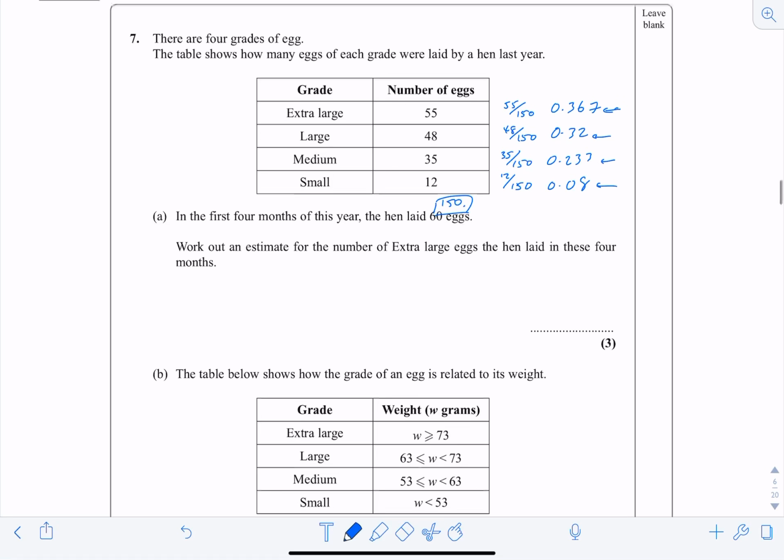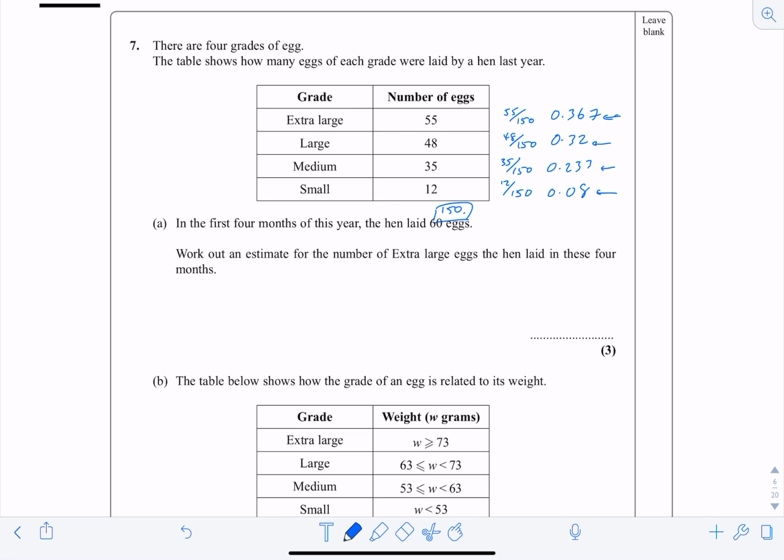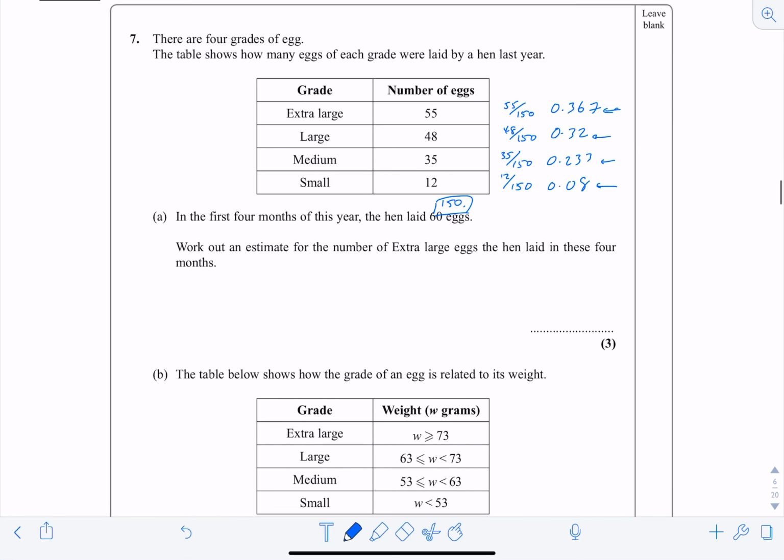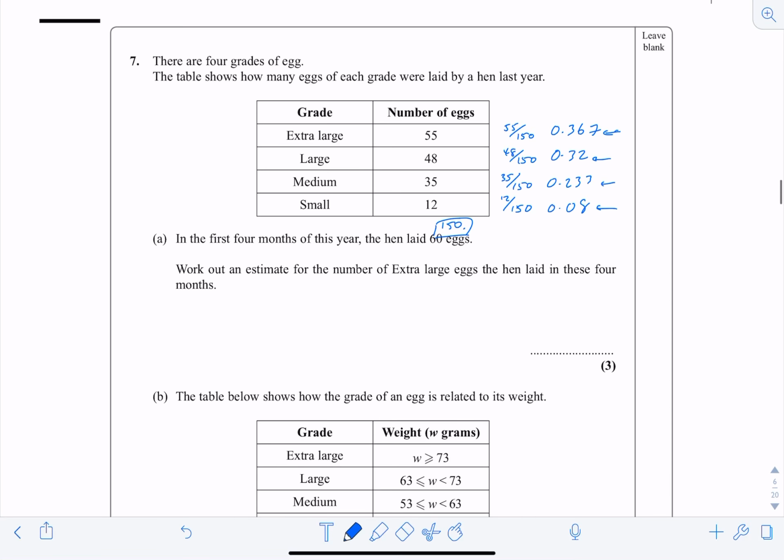So it says, work out an estimate for the number of extra large eggs the hen laid in these 4 months. Well, because this is an estimate, we don't know exactly, but we do know that the probability from last year of an extra large egg was 0.367, or 55 over 150. So we expect 55 over 150 of those 60 eggs to be extra large eggs.